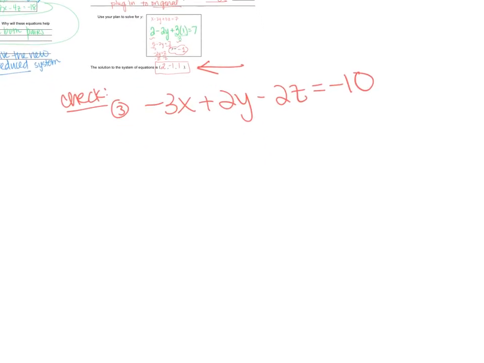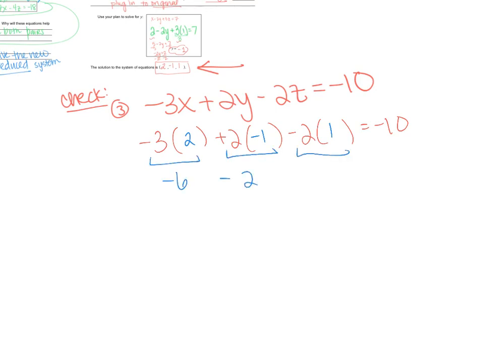So I'm going to write negative 3 times my x plus 2 times my y minus 2 times my z, and this is supposed to be negative 10. That's my hope. So I plug in a 2, negative 1, and 1. So this will be a negative 6, this will be a negative 2, and a negative 2, which does equal negative 10. Yay. Now again, I only checked it in the third one. You could check it in 1 and 2, but it should be satisfying all of those equations. And that's the main process for solving a system of equations in 3 variables.